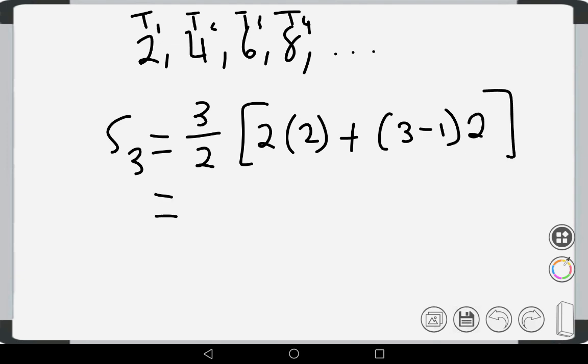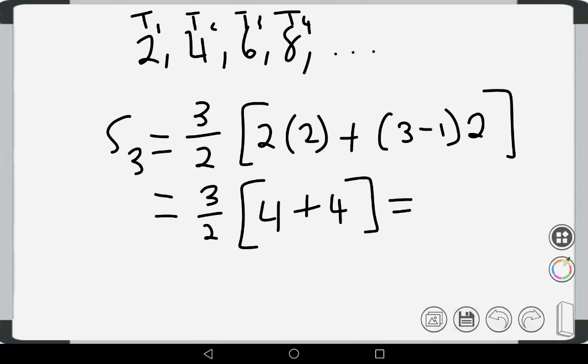This is 3 over 2 in brackets 4 plus 2 times 2, which is 4, so it's 3 over 2 in brackets 8. Eight divided by 2 is 4, so the answer is going to be 12.